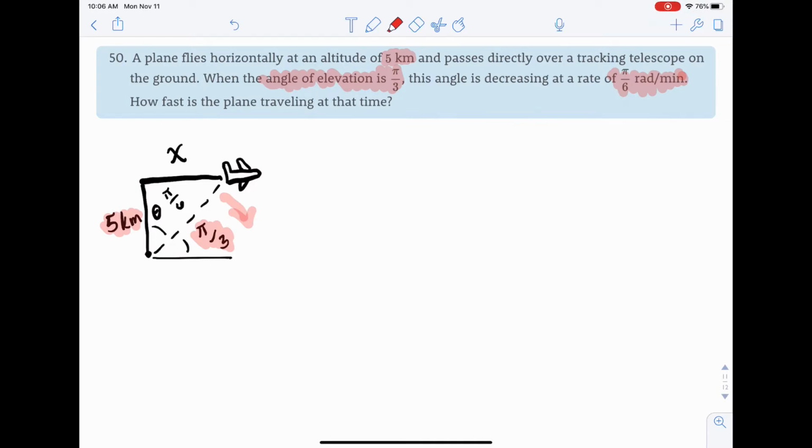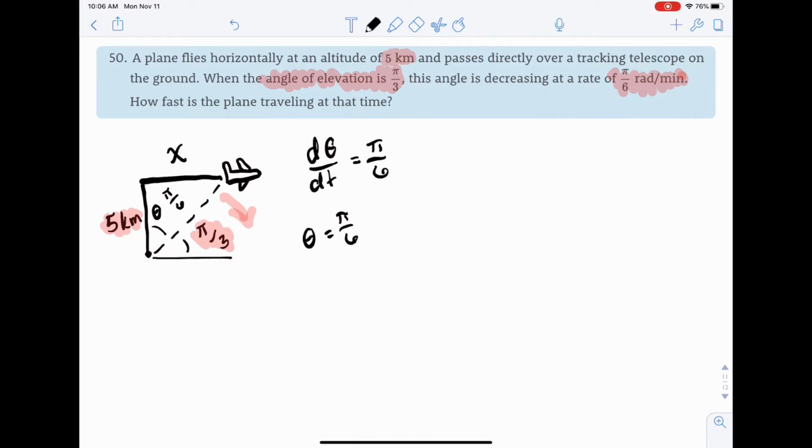So our d theta dt, which is the derivative of theta with respect to time, will be increasing at that same rate of pi over 6, which makes it positive. So we know d theta dt is pi over 6. And then we know theta is pi over 6 as well.